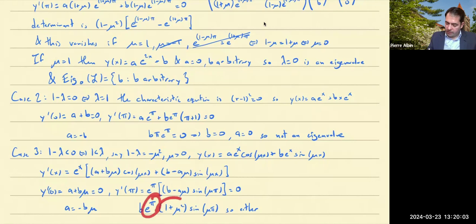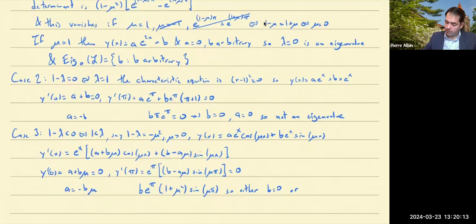This is not 0, and this is not 0. So either b is 0, which is not interesting, or sine of mu pi is equal to 0, which, since mu is positive, means that mu is equal to 1, 2, 3, and so on.